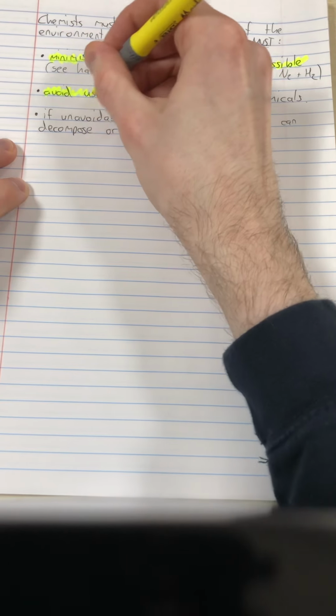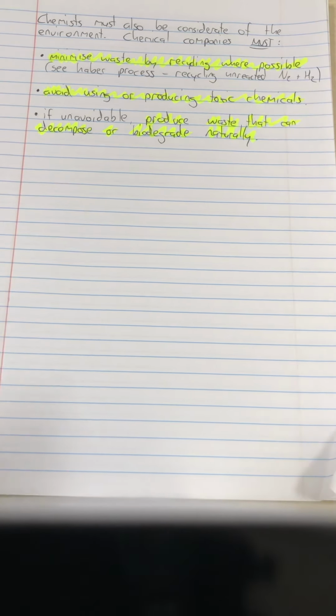You don't want to be making plastics that are going to live on the planet forever. So that's your 3 considerations of the environment. Minimise waste by recycling where possible. Avoid using or producing toxic chemicals. And then finally, if unavoidable, you want to be producing waste that can decompose or biodegrade naturally. Okay? And very much like the design principles, you need to learn these.